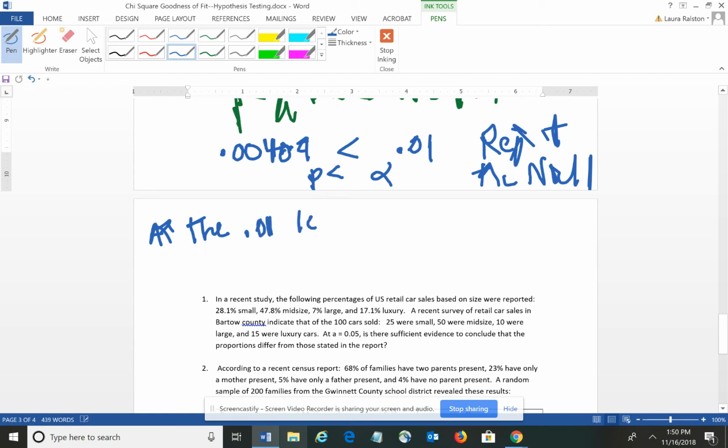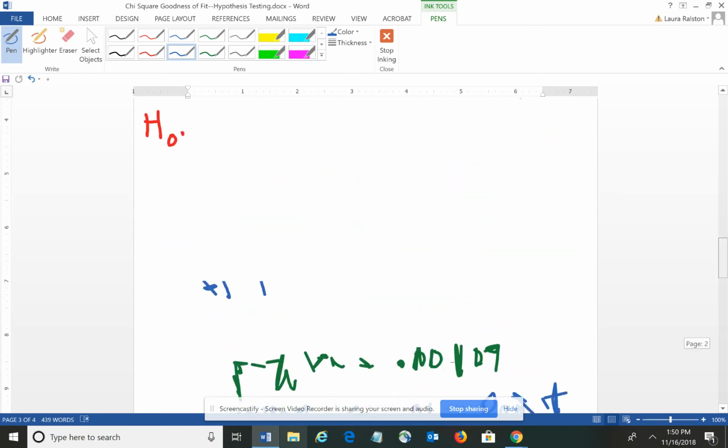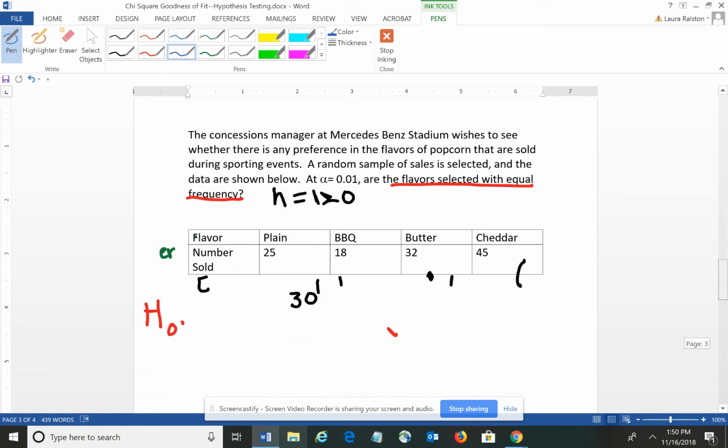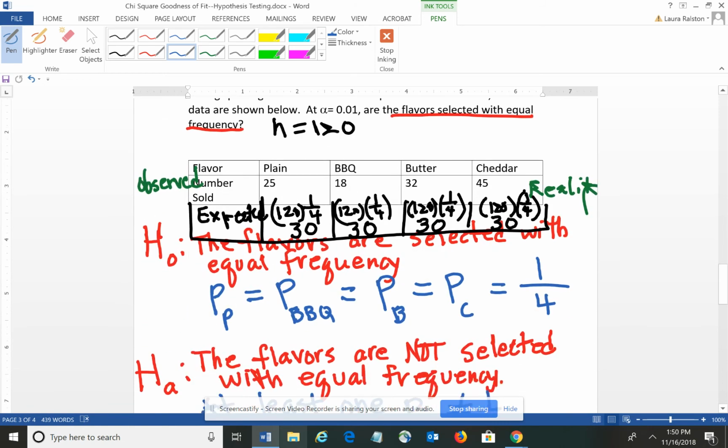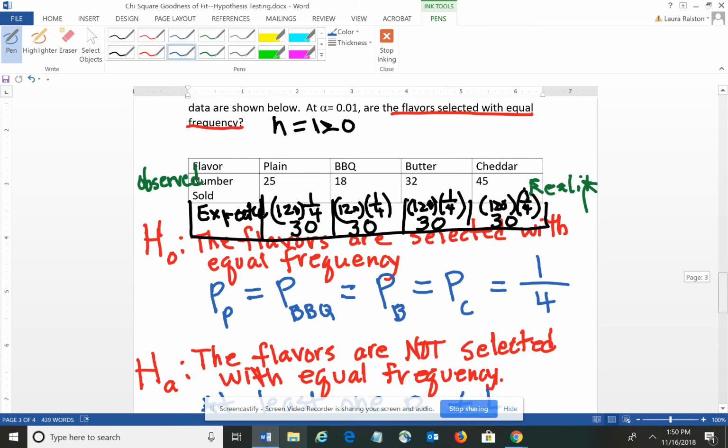Okay, since we're rejecting the null, then we're going to say at the 0.01 level of significance. Again, if we've rejected the null, what we're saying is that the flavors are selected with equal frequency is wrong or incorrect.